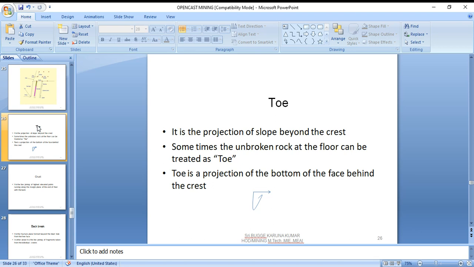That should not happen. Otherwise you have to fix it with a hand jackhammer or something, and that maintenance is very tedious work. That's why toe formation must be avoided. Sometimes unbroken rock at the floor can be treated as a toe. So toe is a projection. This is about that.